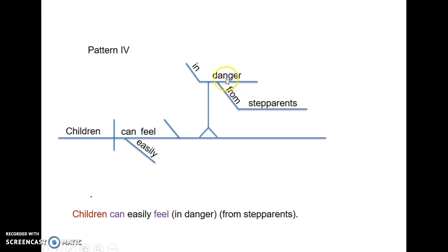And how are they in danger? What kind of danger are we talking about? And it's from step parents. So that prepositional phrase goes here. And then the last thing we have is are easily, which is an adverb talking about how they are feeling. So this makes this a pattern 4. Subject, feel is one of those linking verbs, and then we have our prepositional phrase functioning as an adjective, and that makes pattern 4.